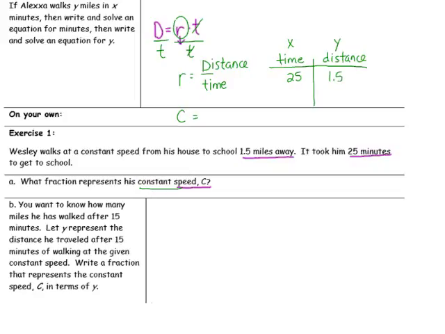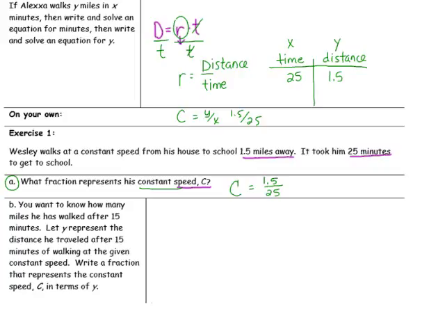So we're going to write the ratio comparing these. The distance over the time. So that's y over x, and that is 1.5 over 25. So the fraction, this is part A, the fraction that represents the constant speed, c equals 1.5 over 25.